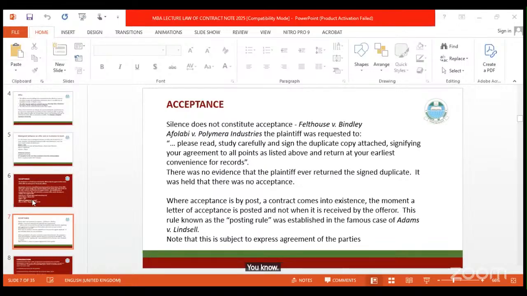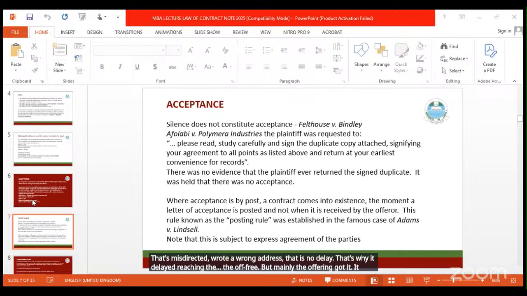In the case of Adams v Lindsay, it was the offeror that misdirected it and wrote a wrong address, which caused the delay. That's why it was delayed in reaching the offeree. But immediately the offeree got it, he posted it immediately. But because of the delay that was caused by the offeror, the acceptance didn't go back to the offeror on time.